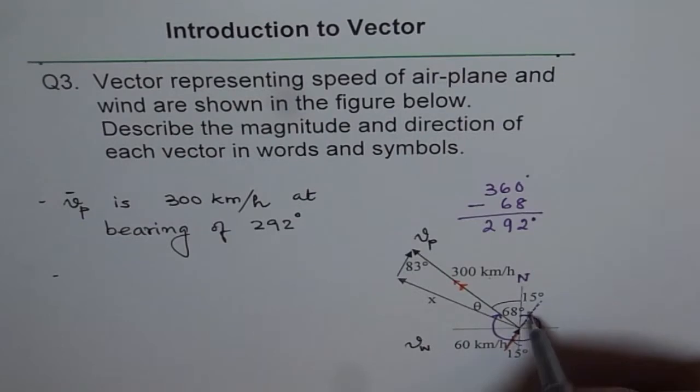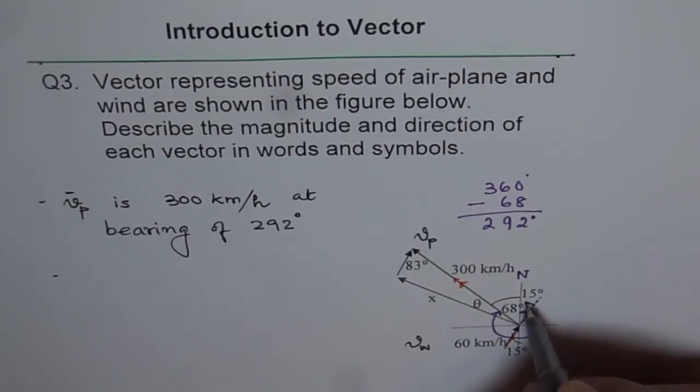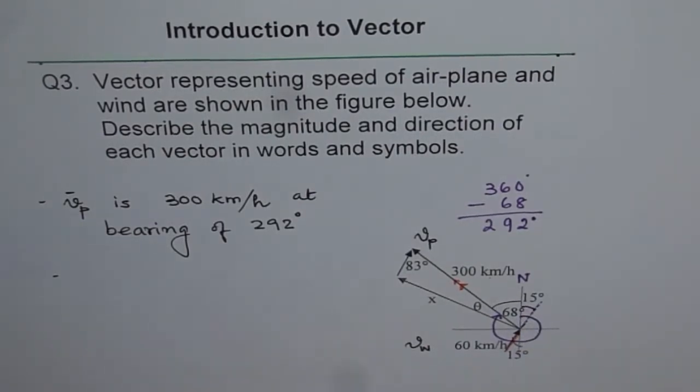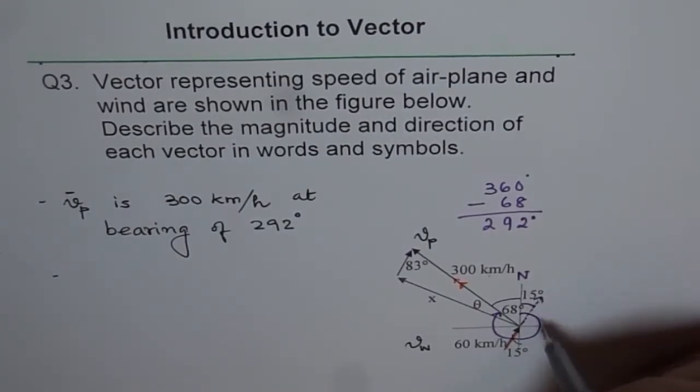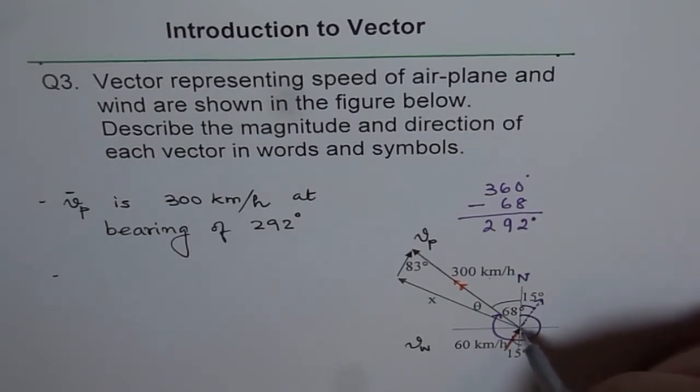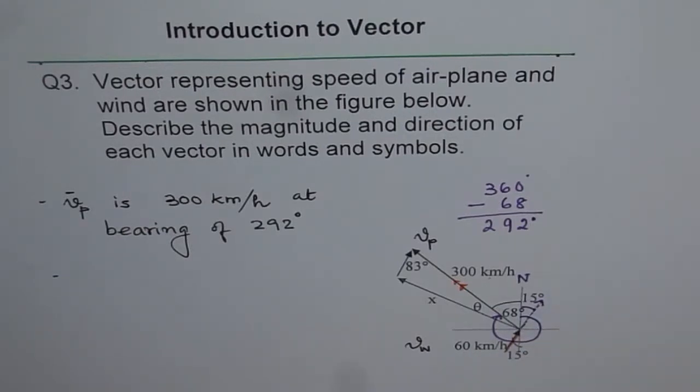This 15 degrees is opposite to this 15 degrees. So if you see from north, it is going in this direction, so it's 15 degrees. The bearing angle here is 015 degrees, and the magnitude here is 60 kilometers per hour.